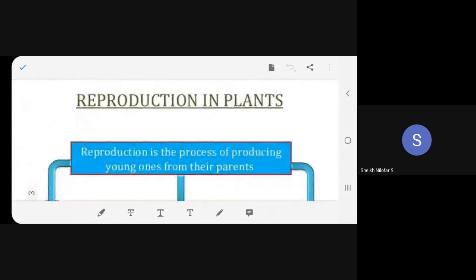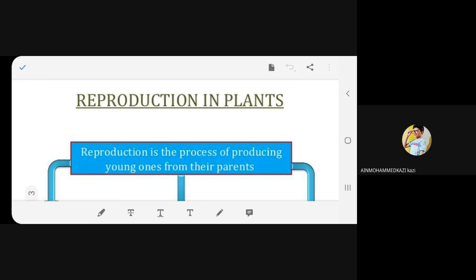See, what is reproduction in plants. Reproduction is the process of producing young ones from their parents. We have already studied what reproduction is. That we get new babies, young ones, from their parents.